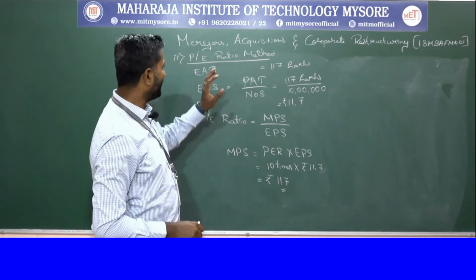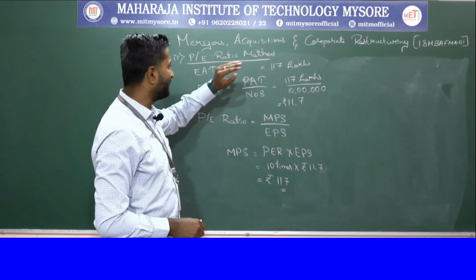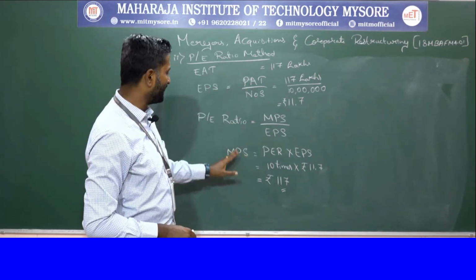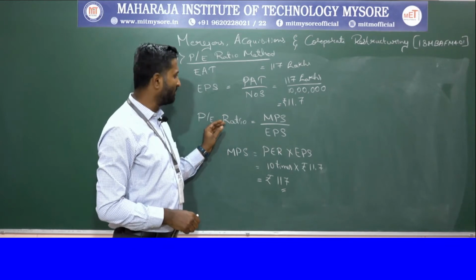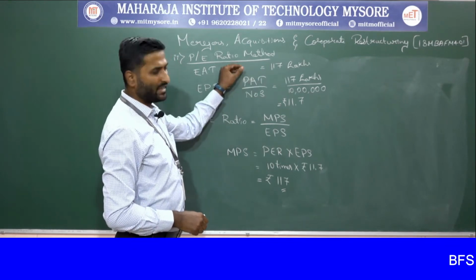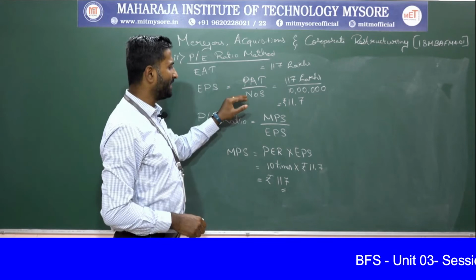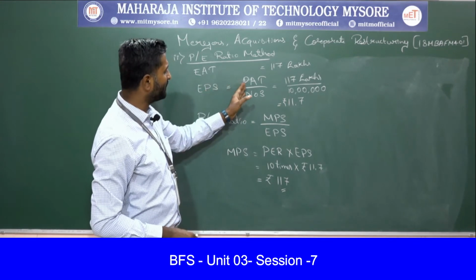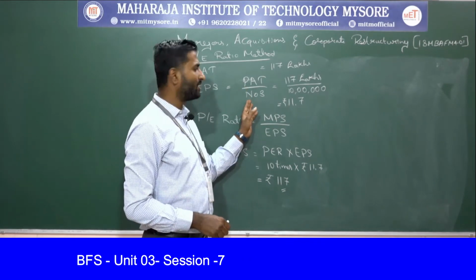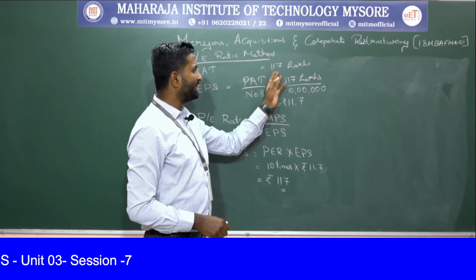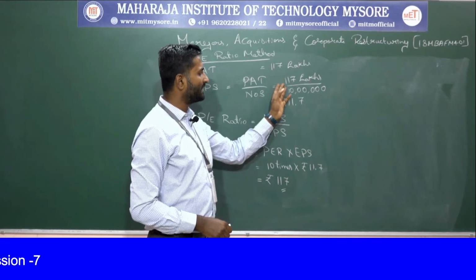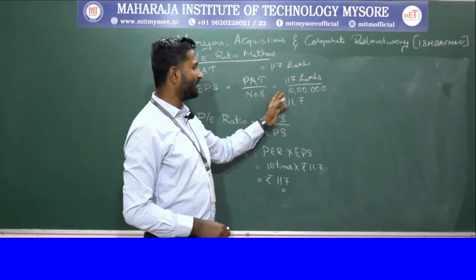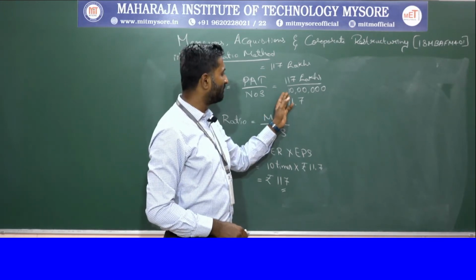Hope you understand where we follow the price earning ratio method, where they have given the EAT as well as the P/E ratio in the problem. So by using EAT we can easily determine the EPS. So EPS equals, we are going to use the formula PAT divided by number of shares. PAT they have given in the problem as 117 lakhs, and the number of shares they have also given in the balance sheet, that is 10 lakh shares.